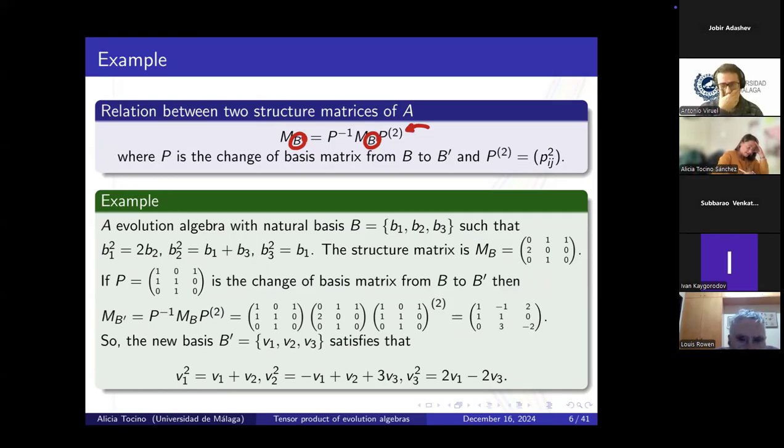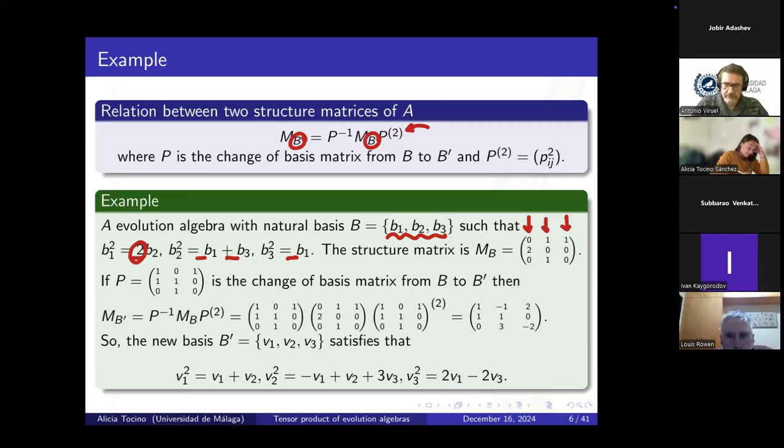As an example, we have an evolution algebra with a natural basis B1, B2, B3, and with this product: we have here 2 B2, B1 plus B3, and B1. So the structure matrix we construct by columns, and we have here 0, 2, 0, since we have a 2 and B1 and B3 do not appear here. Again, 1, 0, 1 and 1, 0, 0.